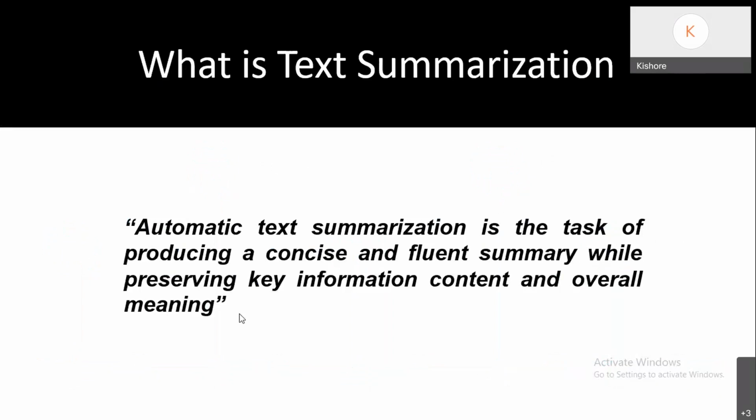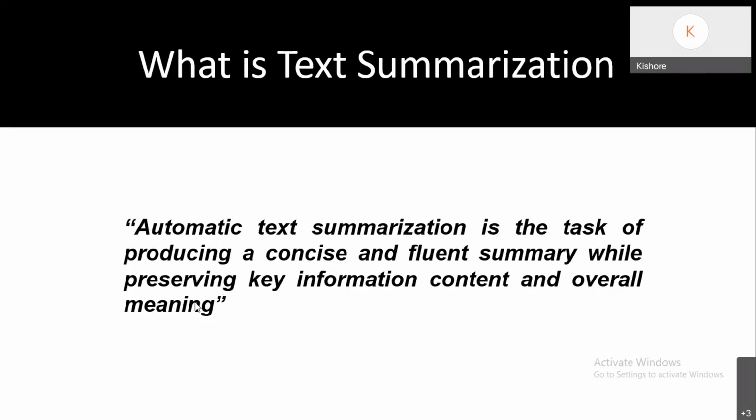What is text summarization? Automatic text summarization is the task of producing a concise and fluent summary while preserving the key information content and overall meaning. Summarization is the actual English meaning of summarizing.